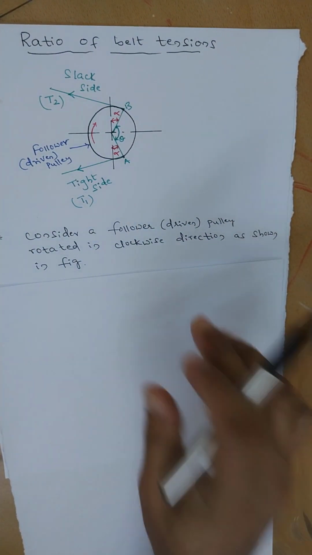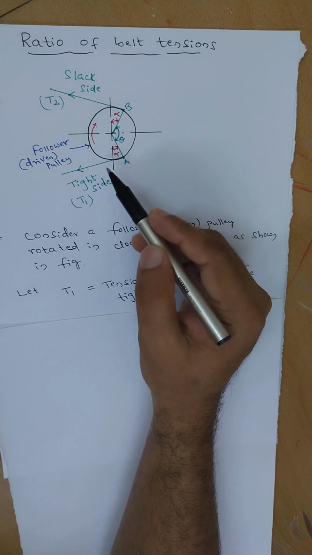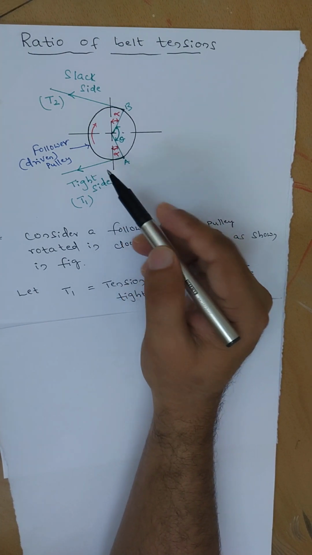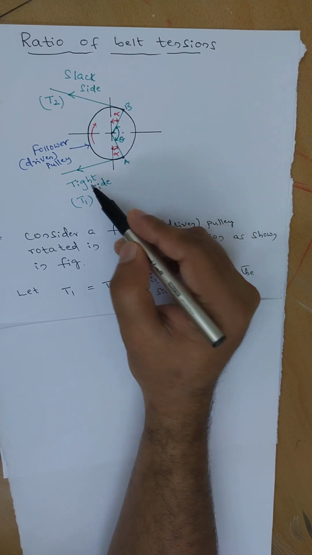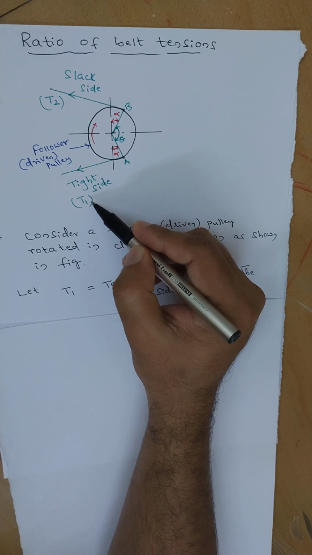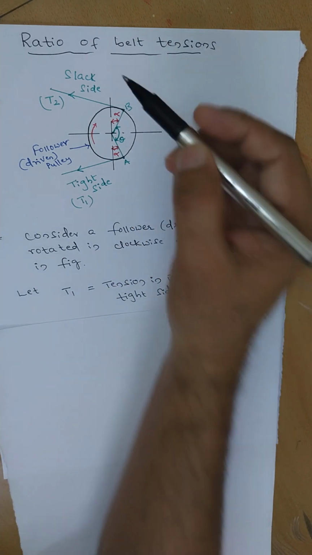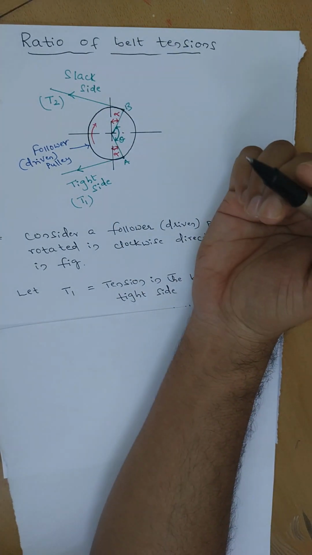This is shown in the figure here. As we derived in the previous video, T1 comes on the downside here, the tight side. T1 is the tension in the tight side, that we denoted by T1, and T2 here is the slack side tension.